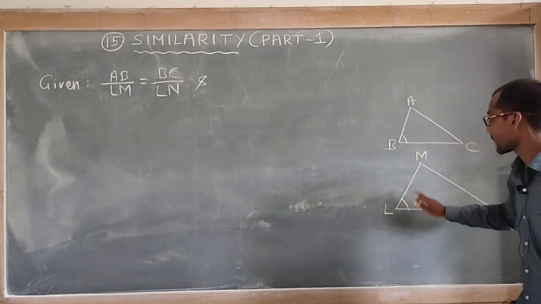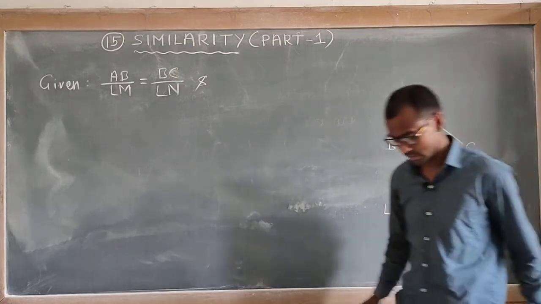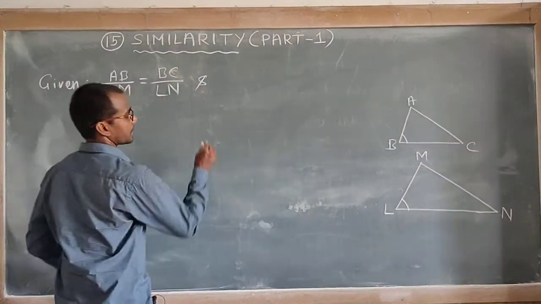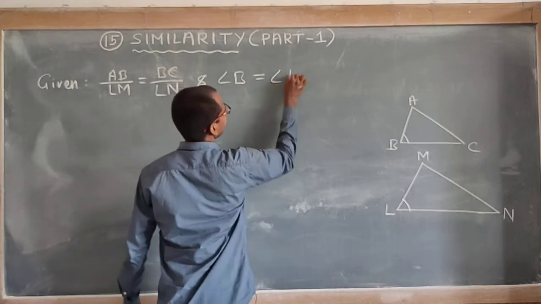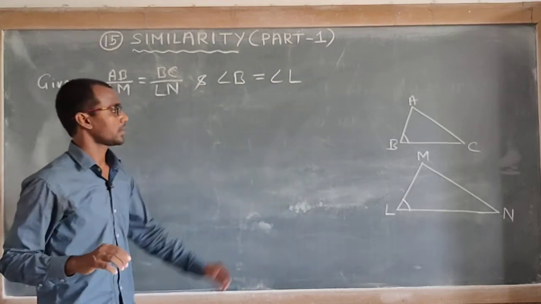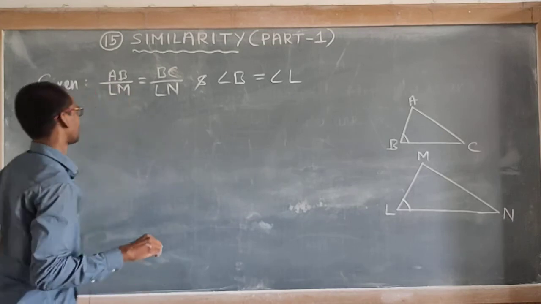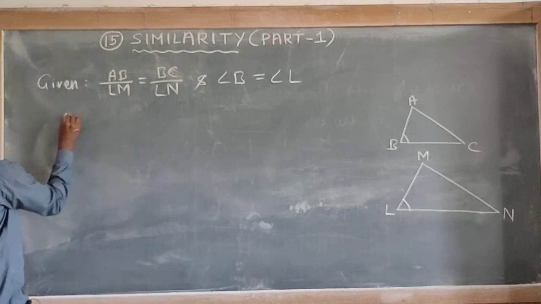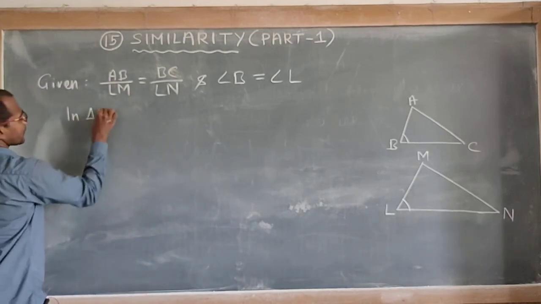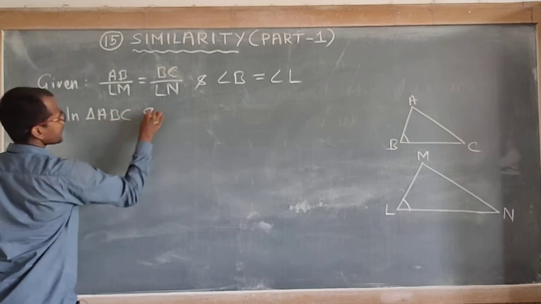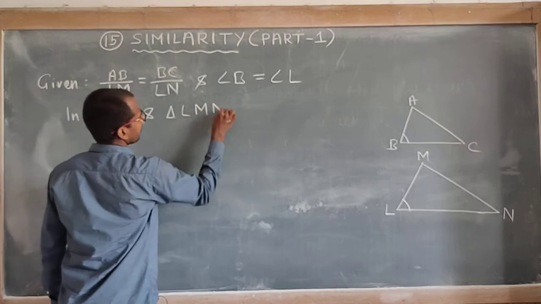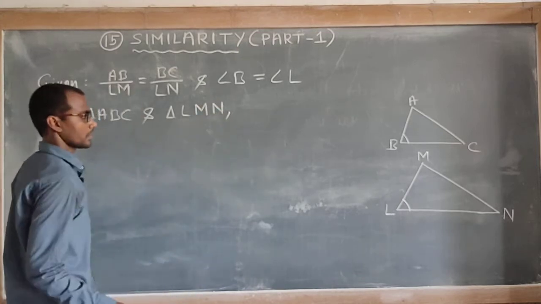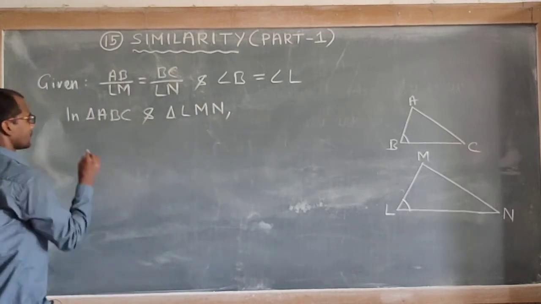So if angle B is equal to angle L, this is given, then the two triangles will be similar. How to write this? In triangle ABC and triangle LMN, just copy this.